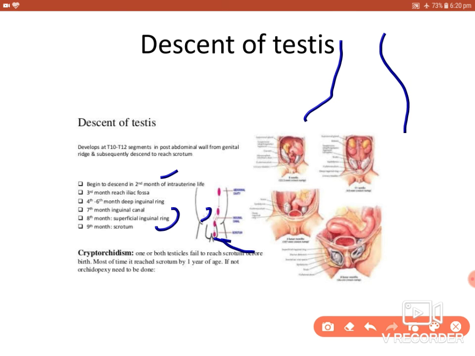So it starts descending from the posterior abdominal wall, at the level of the loin.